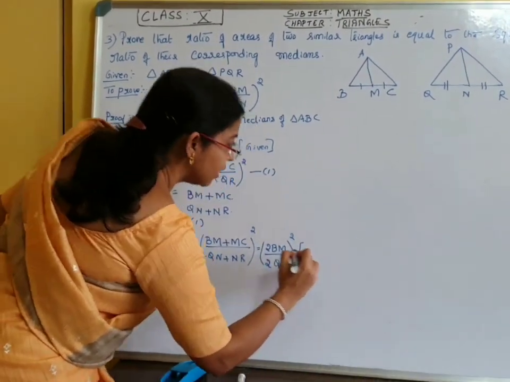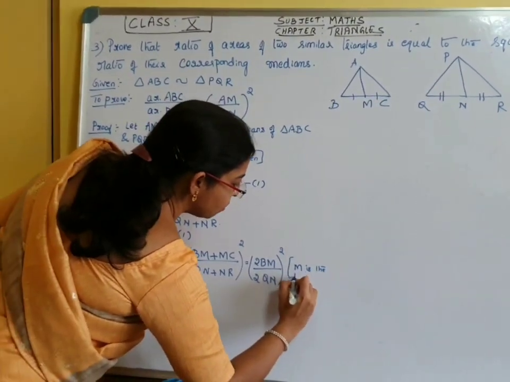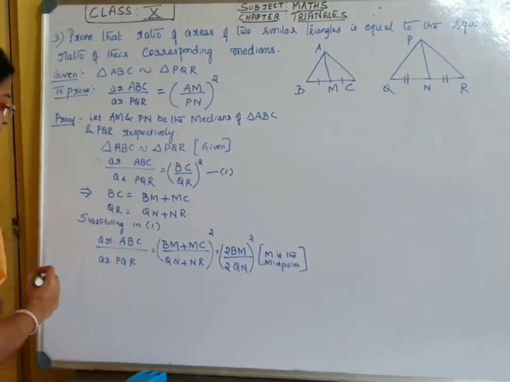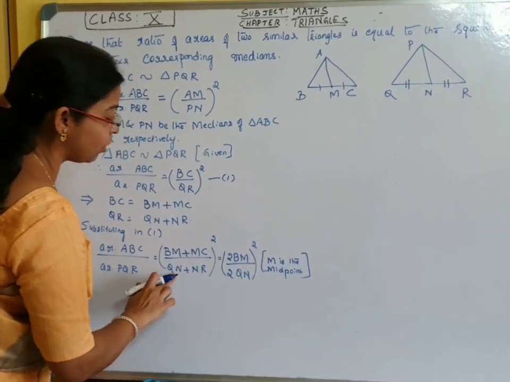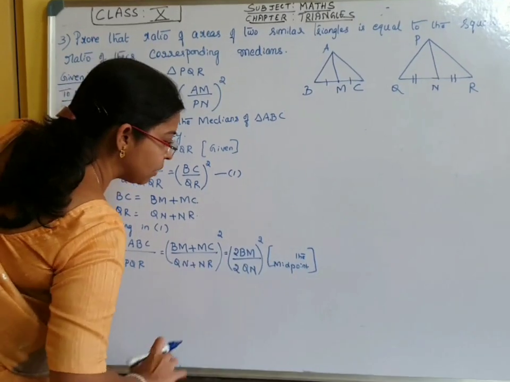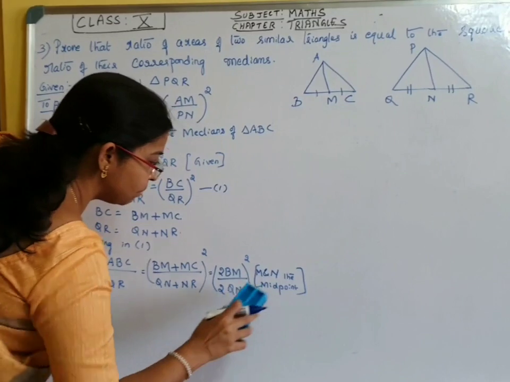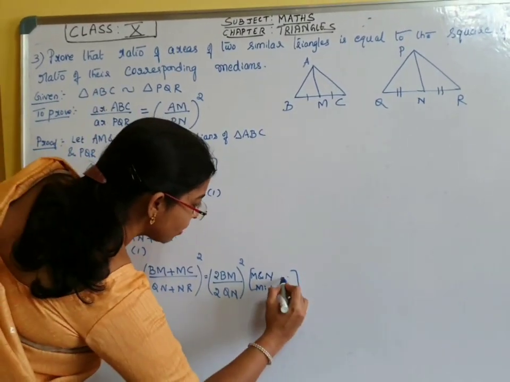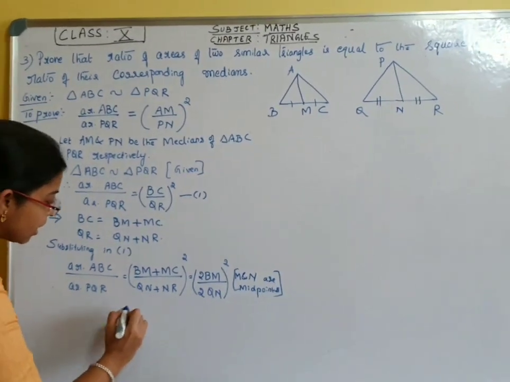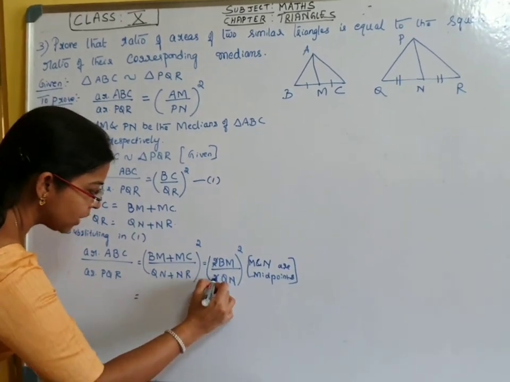The reason being M is the midpoint, and for QR it is N. M and N are the midpoints. Now this is getting reduced to BM and QN. 2 gets cancelled.